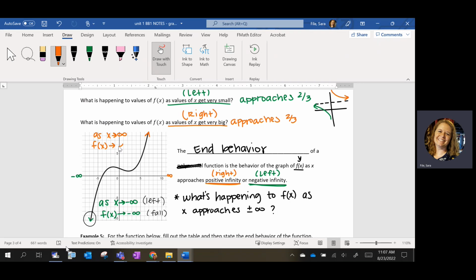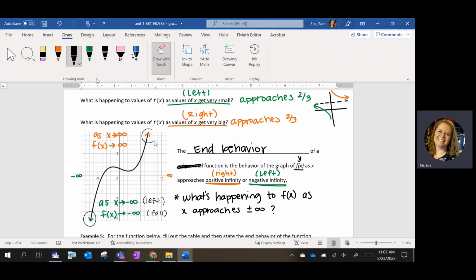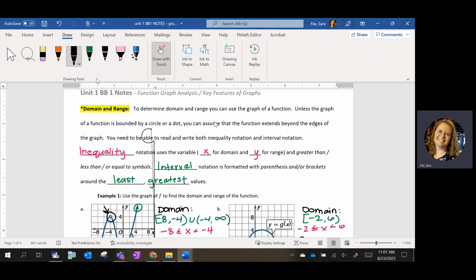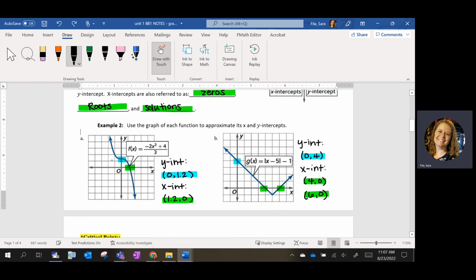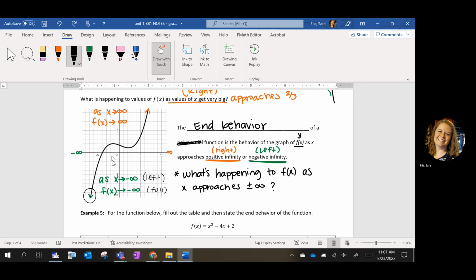Infinity. It's going up forever, so positive infinity. Okay, and again, I would interpret that the right side. Whoa, I don't know what just happened there. Try that again. Go. Okay, the right side is rising.